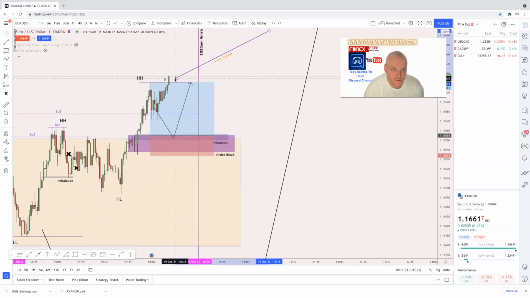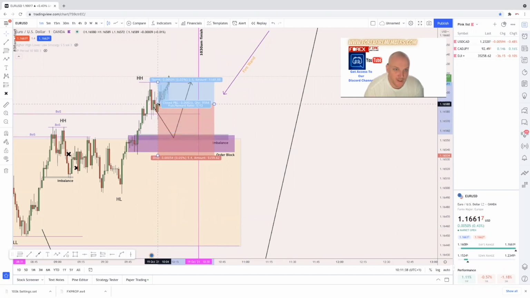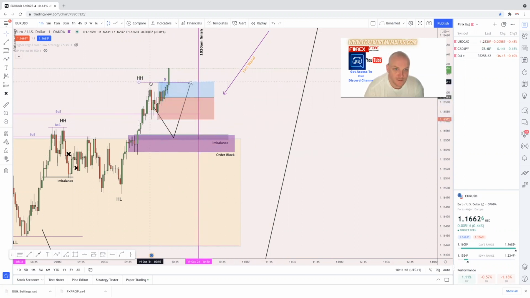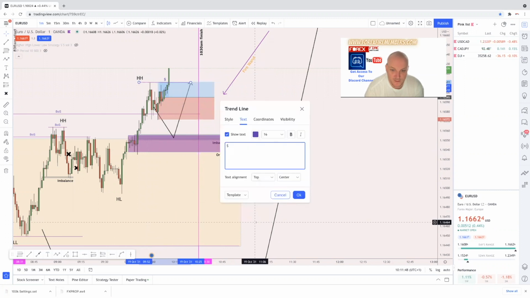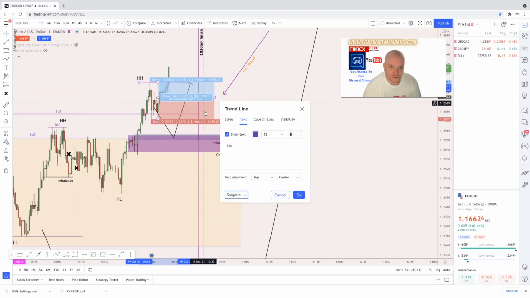So as you can see, guys, we're now starting to move up. We're just going to move the parameter. This is now a break of structure.